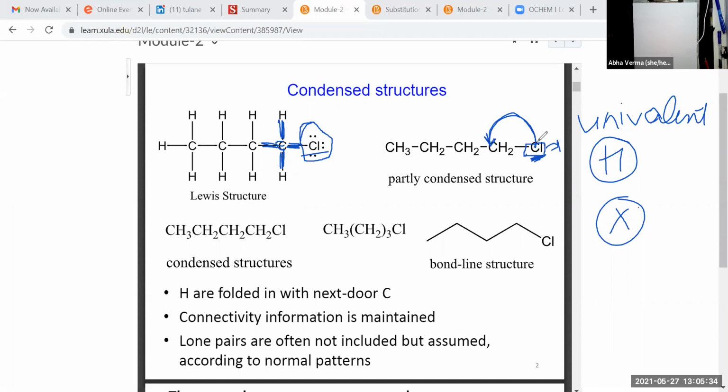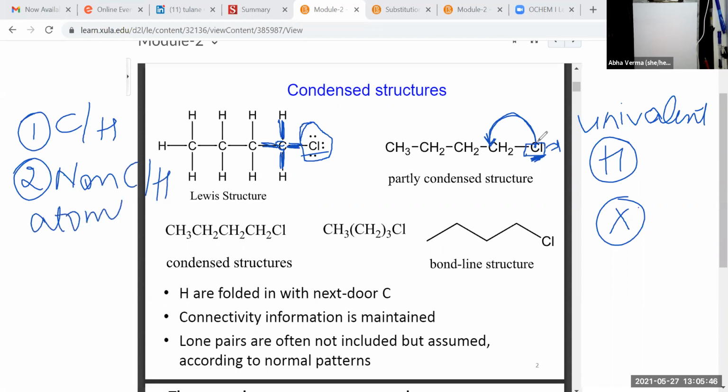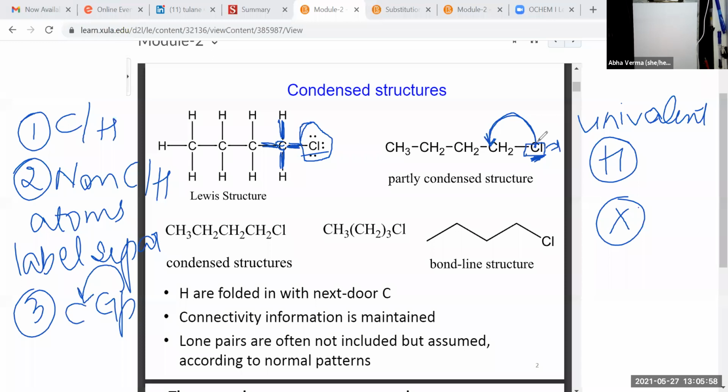Always, always remember this. So there are things that you have to remember. Carbons and hydrogens can be grouped together. Any non-carbon, non-hydrogen atoms have to be labeled separately. And then the group or atom always belongs to the carbon just before it.